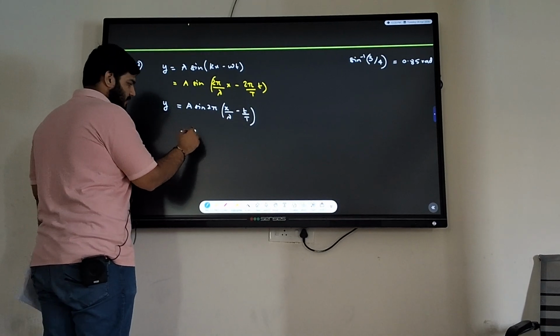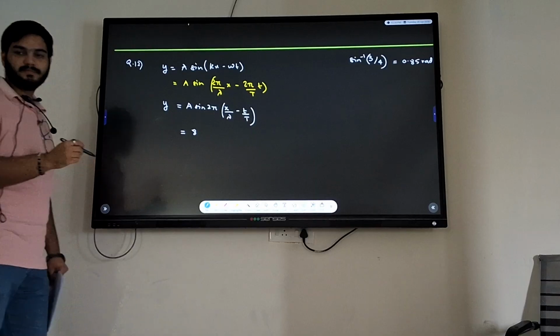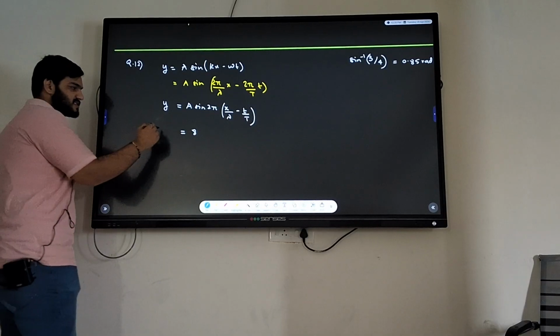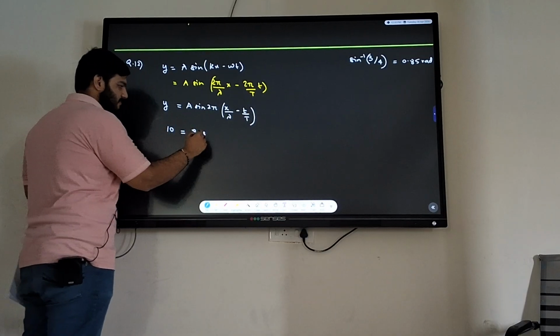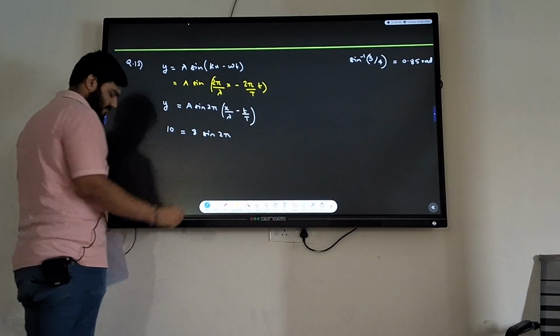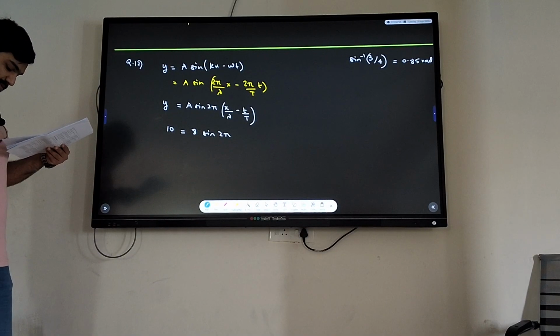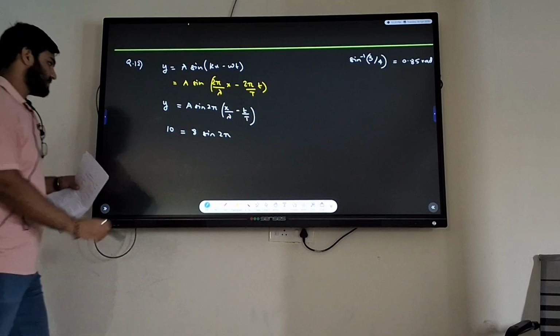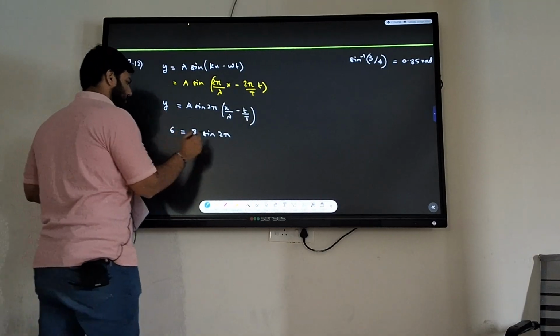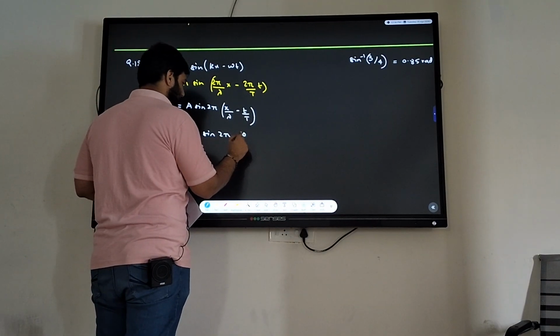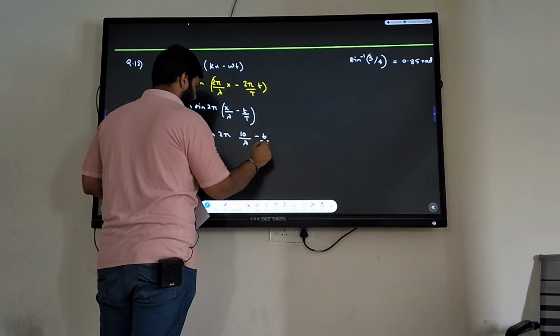Yes, sir. And what is the first y? 10, I guess. That's 6. And what is the first x? Displacement is 6 and the x is 10. So 6 equals 8 sine of 2 pi, 10 divided by lambda minus t by T.